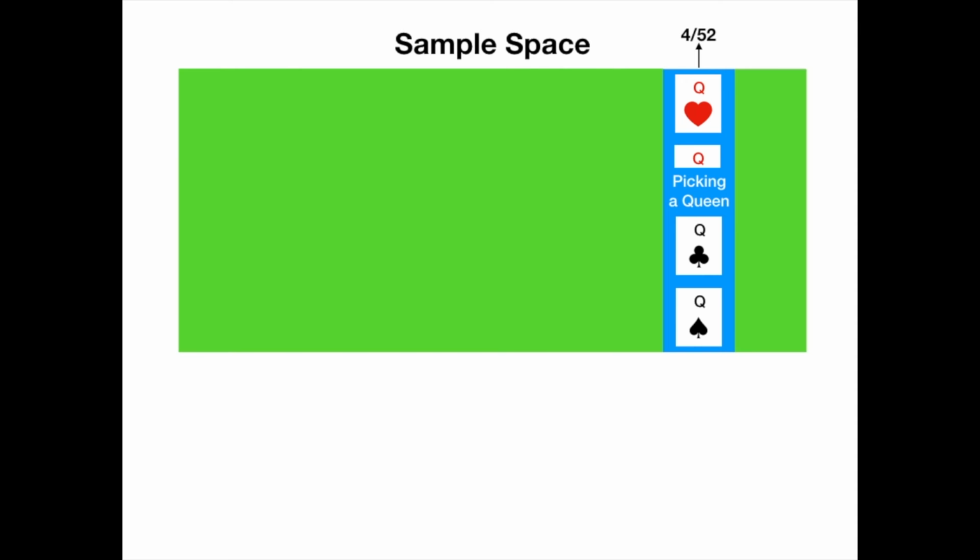And then the green space here is the space for the outcomes of not picking a queen, which is the second event in the previous example, and we found the probability is 48/52. We can see that the green space and the blue space are complements of each other, and when you add the two spaces together, you get the entire sample space.